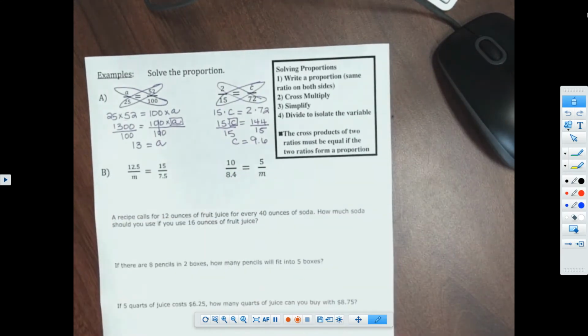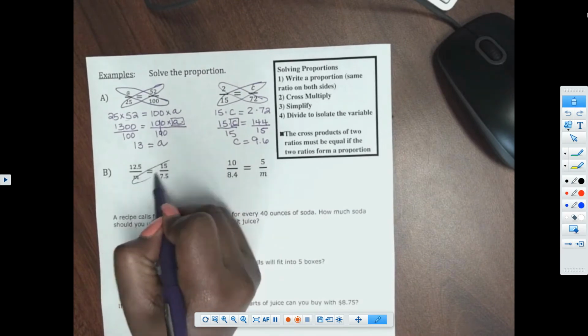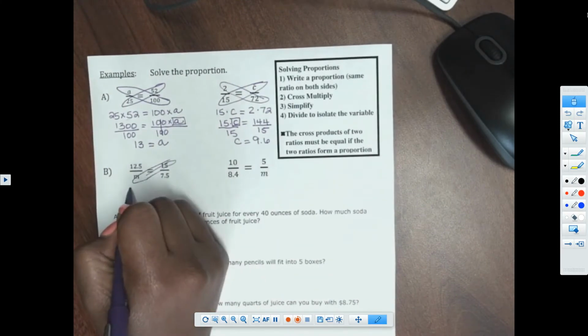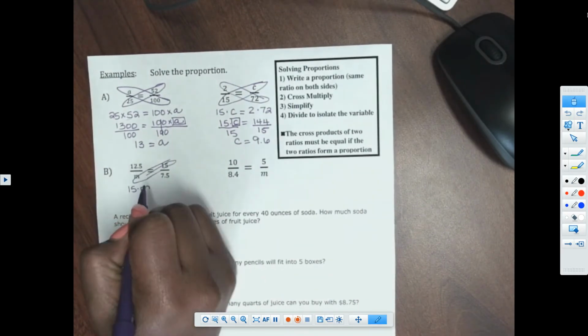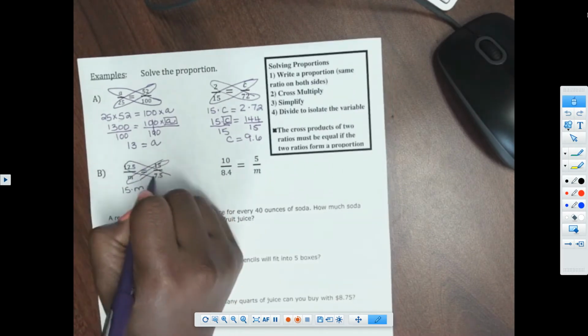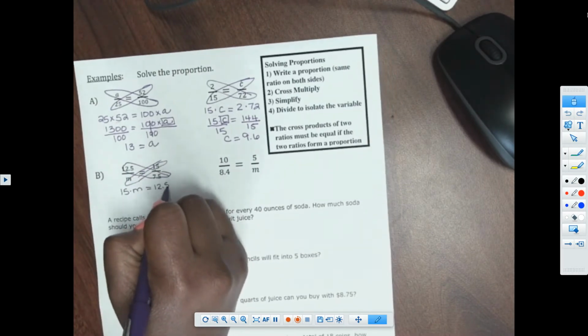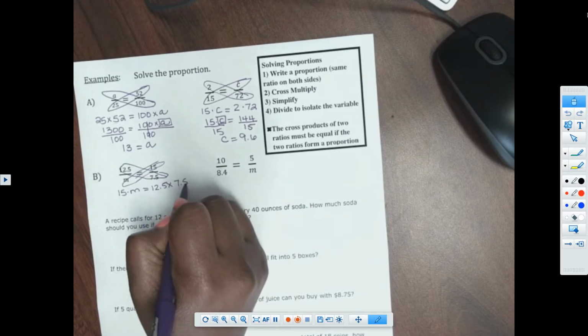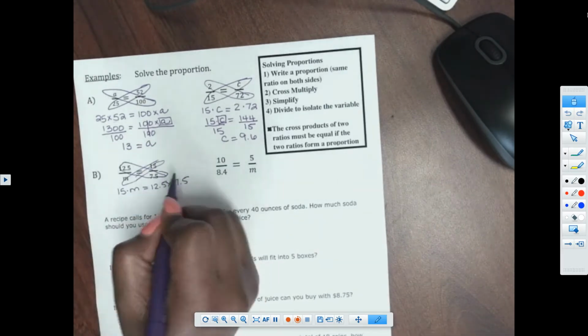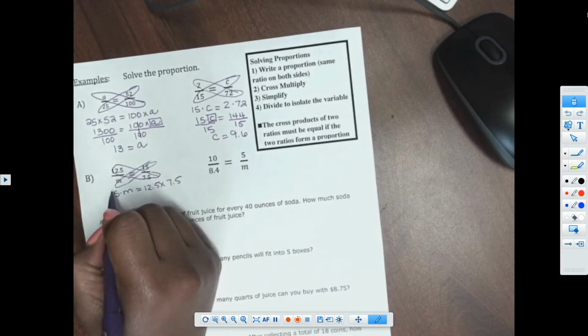Here it doesn't matter, because this could be a fraction, it could be decimals, it could be whatever number you want it to be. By creating and solving for that missing variable, you're going to find what number makes it proportional. So we multiply this way: 15 times M. Multiplied that way: 12.5 times 7.5. Remember, both of those mean multiplication.